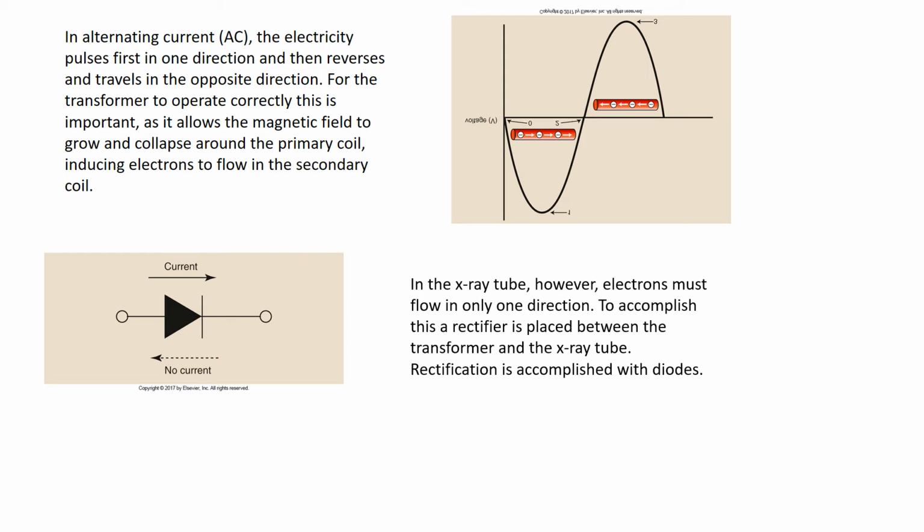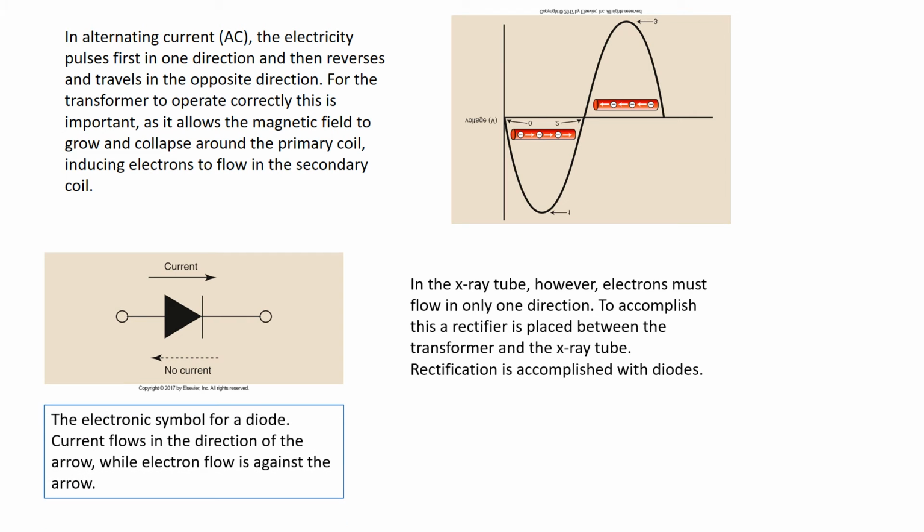Remember, we learned current and electron flow are in opposite directions. So if we look at this, the electronic symbol for a diode is shown. Current flows in the direction of the arrow, while electron flow is against the arrow.